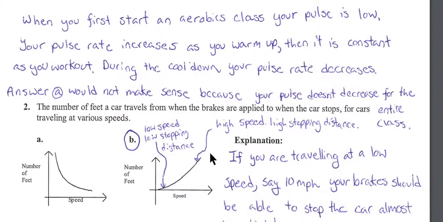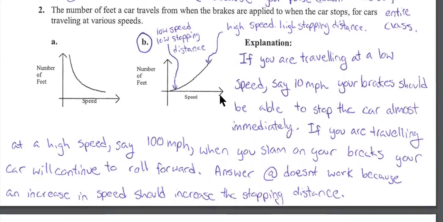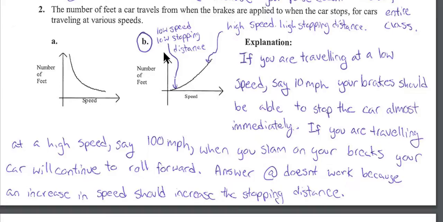The second question, however, caused a little bit of trouble. If we think about this problem, the faster your car travels, the greater the number of feet that will be required to stop your car. So for example, if you were traveling 0 miles an hour, the number of feet required to stop would be 0.